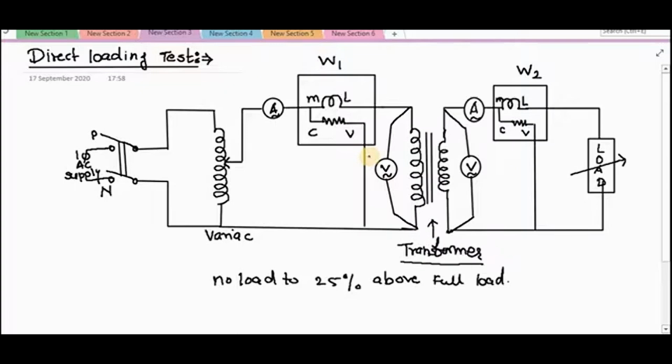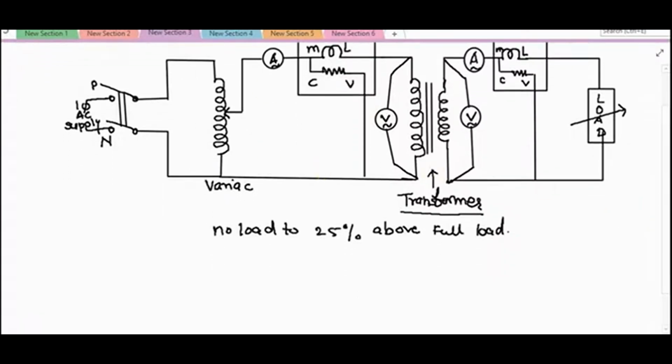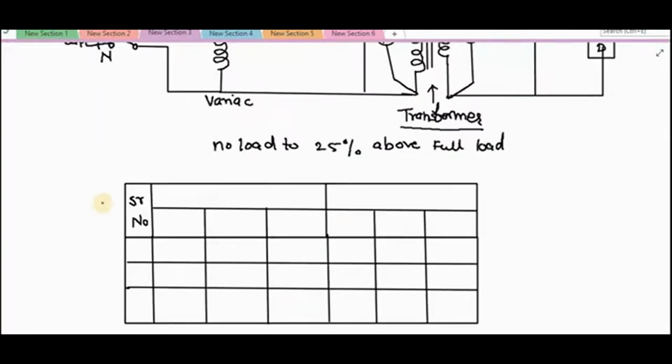observations that we have to record in tabular format. So what is the observation table for this test? I will tell you. So here I have drawn one observation table.